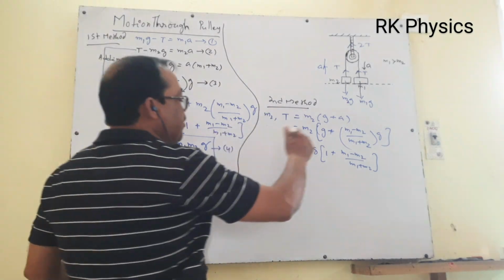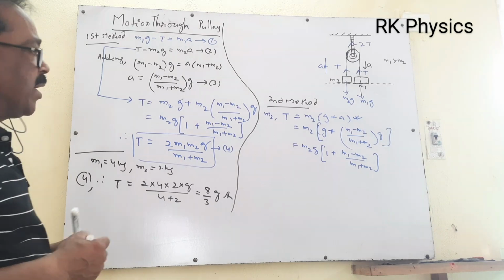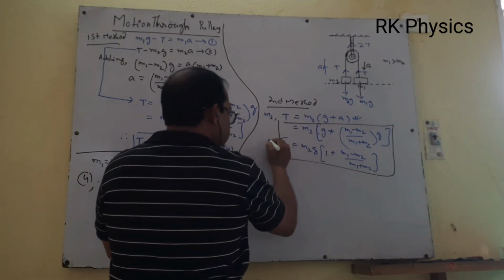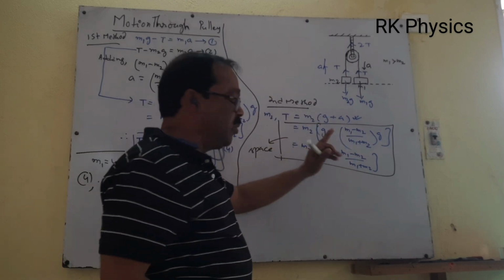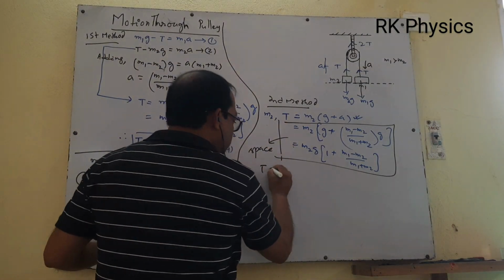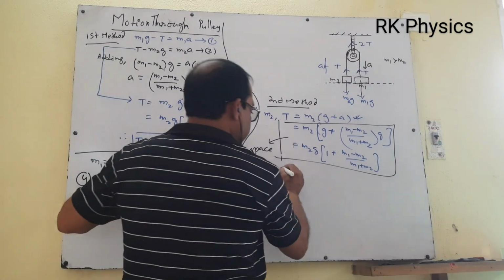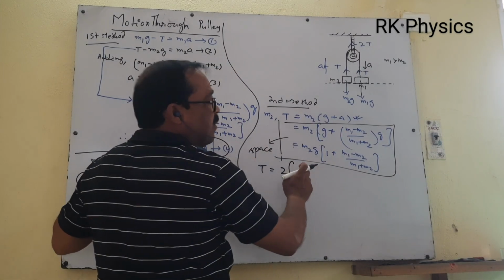Now if you keep in mind T equal to m2 into (g plus a), don't write it in your space, it will waste your time. You directly put T equal to m2, which is 2 kg, into g plus a. What is a?